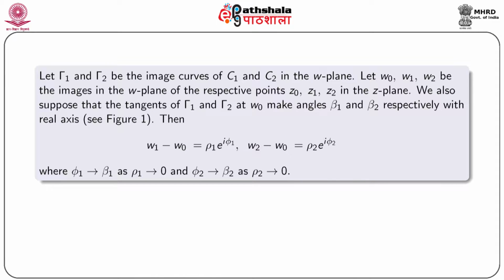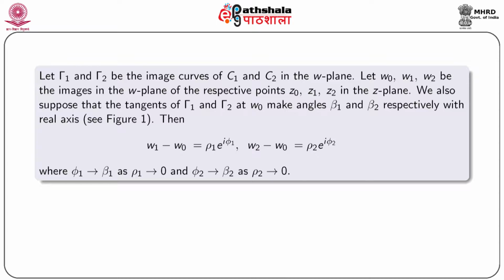Let gamma 1 and gamma 2 be the image curves of C1 and C2 in the W plane. Let w0, w1, w2 be the images in the W plane of the respective points z0, z1, z2 in the z plane.